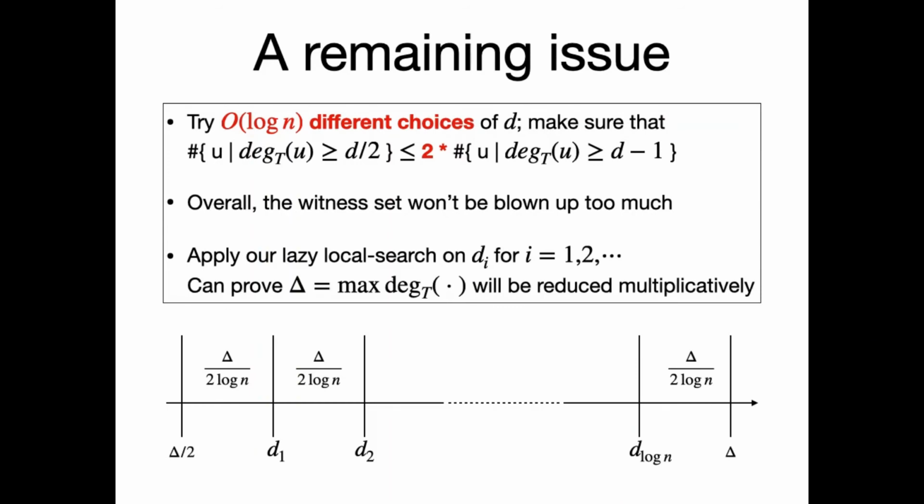More specifically, we partition the axis equally into log n segments, and we apply our lazy local search procedures on each of the landmarks d_i, and we can prove that delta, which is the maximum tree degree, would be reduced multiplicatively.